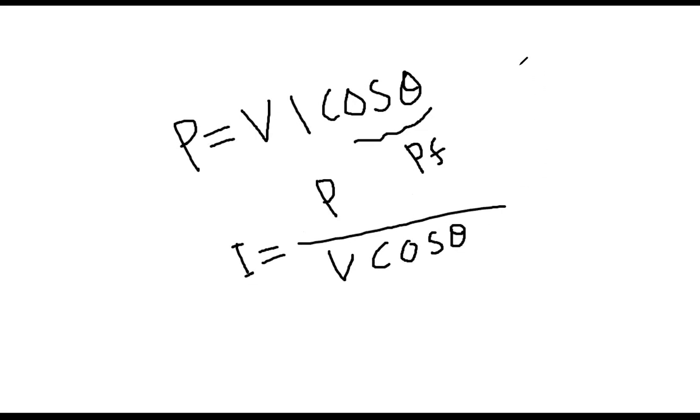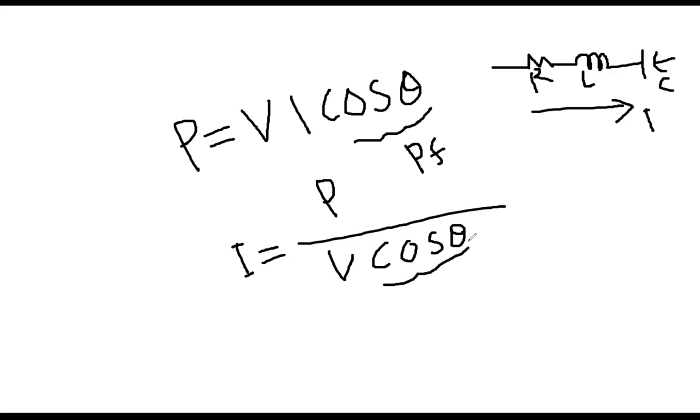Now, for example, think that there is a line with R, L, and C, and the current flowing along that line is I. First, in this equation, we are discussing the impact of having low power factor.